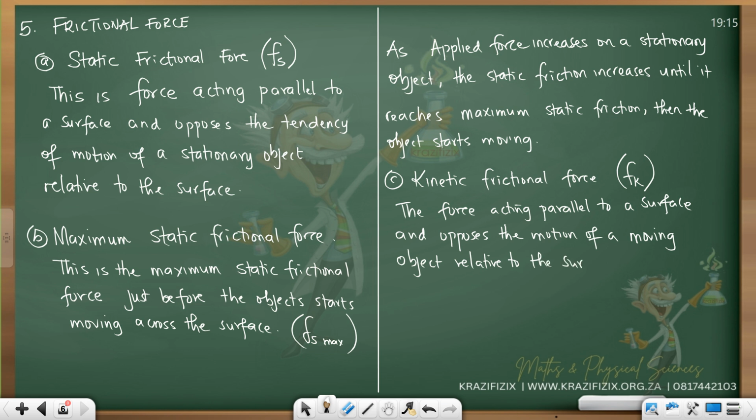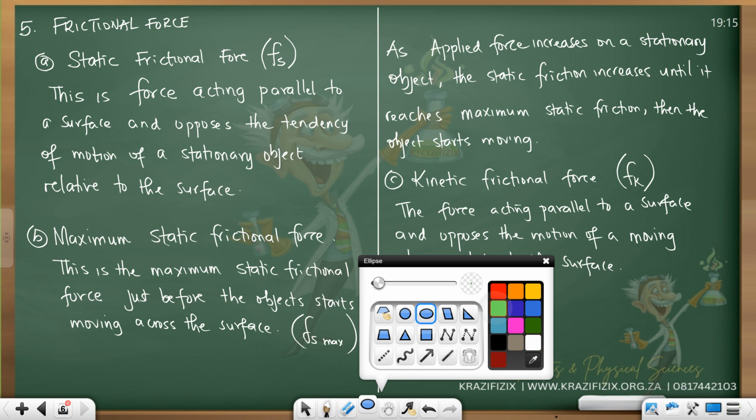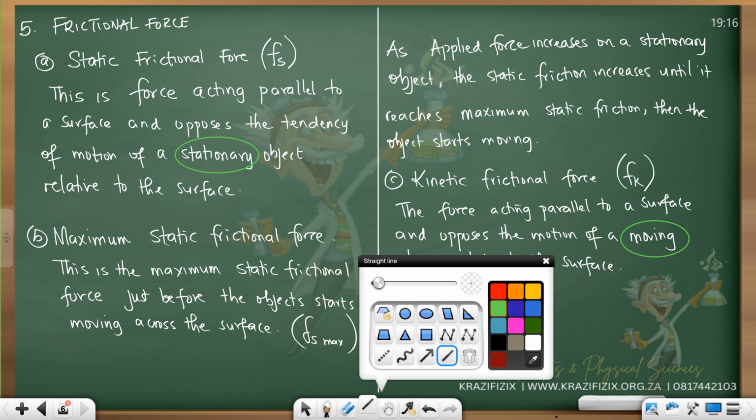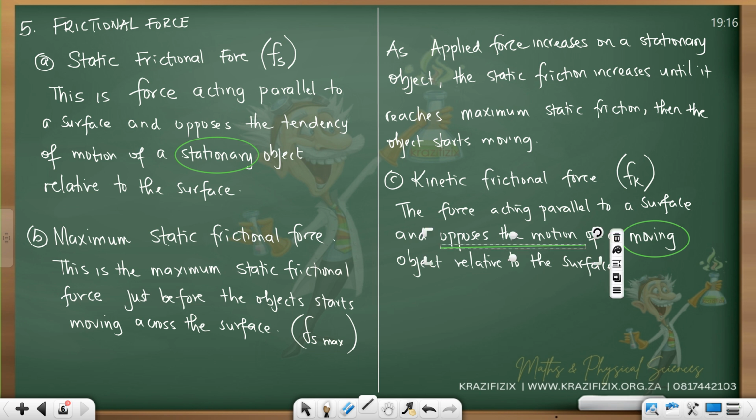So when we talk about kinetic, we talk about moving. When we talk about static, we talk about stationary. Static, stationary, kinetic, moving. It is the force acting parallel to a surface and opposes the motion. Please take note, this is very key. Opposes motion. Even static friction opposes the tendency.